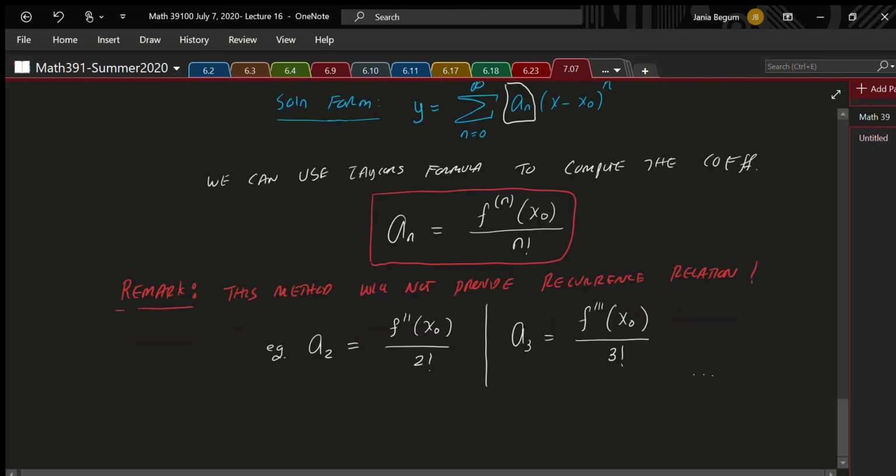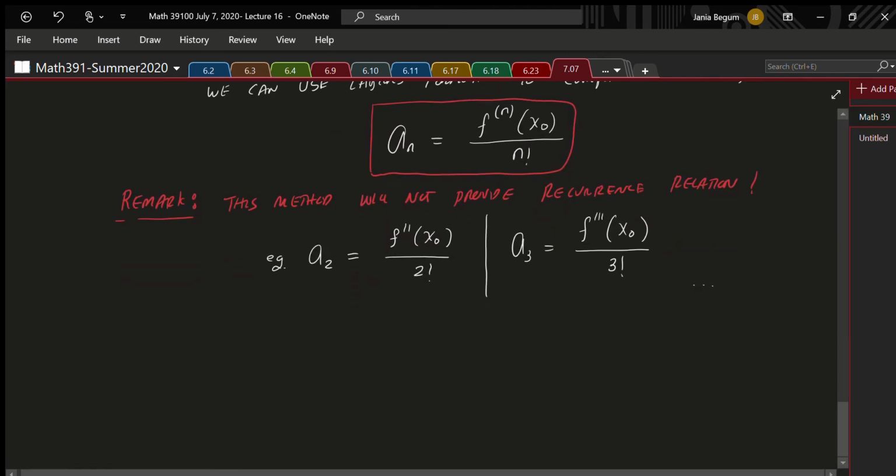Let me do an example so at least this idea is explained. So here is an example to illustrate this.